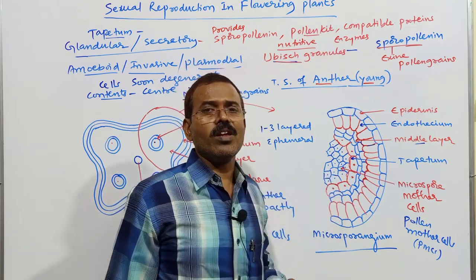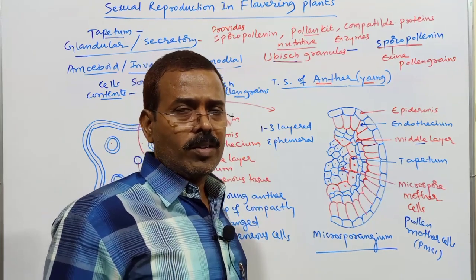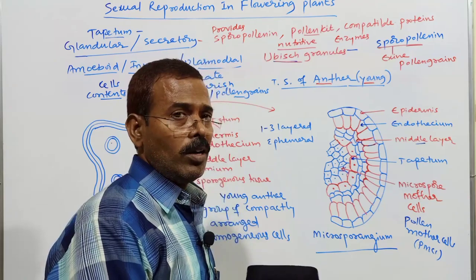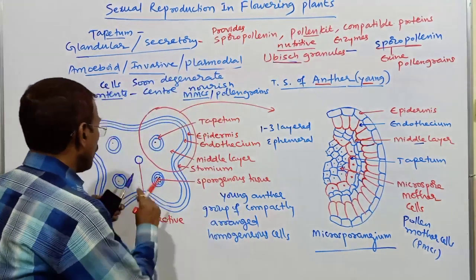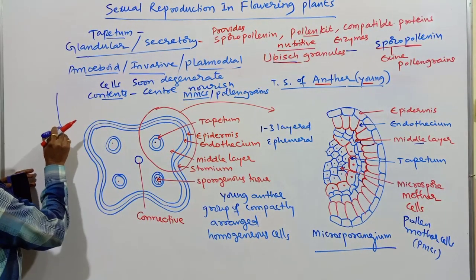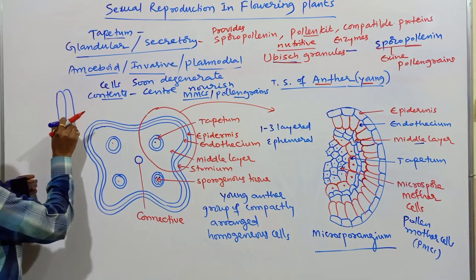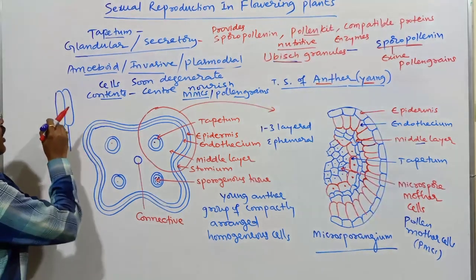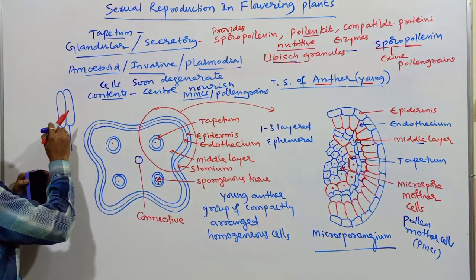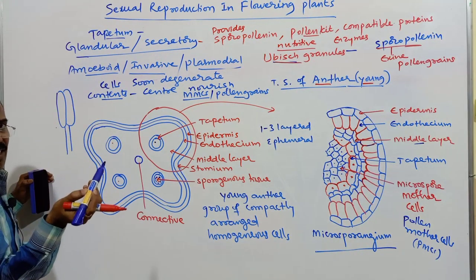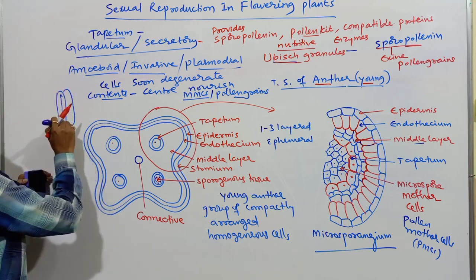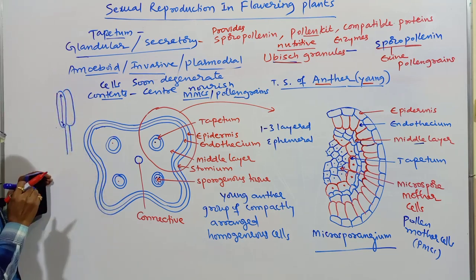This is the very important part, the transverse section of the young anther. Remember, when you take the anther, the microsporangia are long cylindrical structures present throughout the length of the anther.